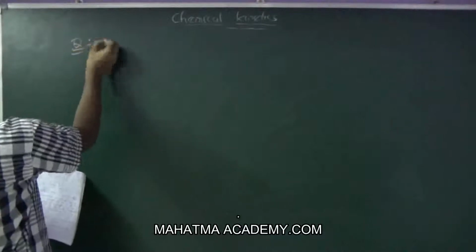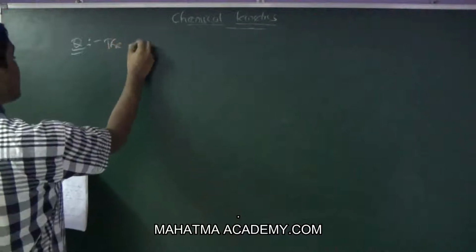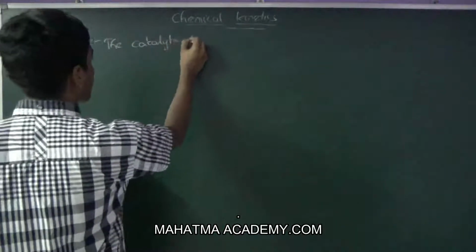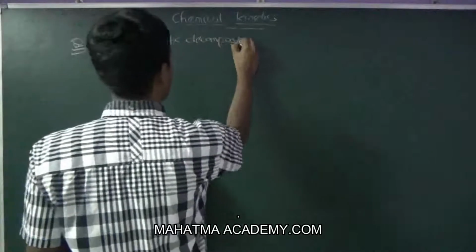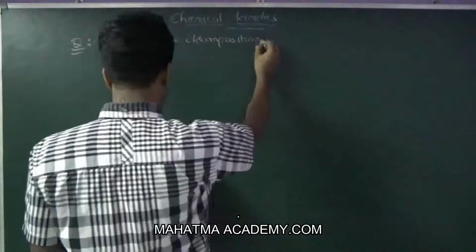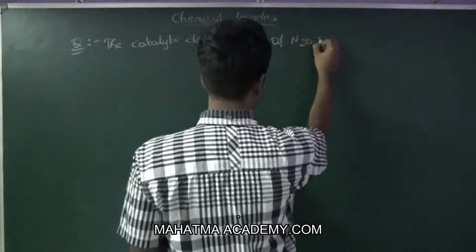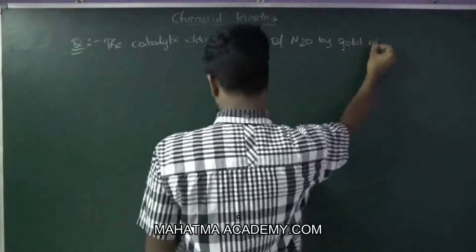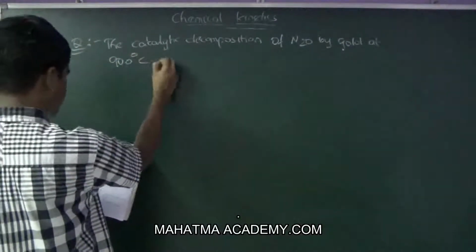Question: the catalytic decomposition of N2O by gold at 900 degrees Celsius.